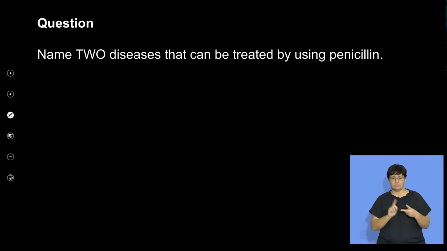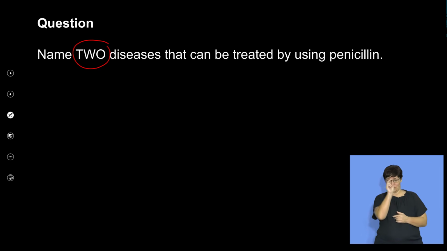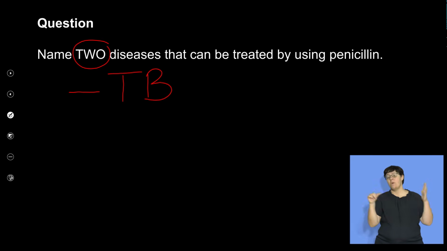Name 2 diseases that can be treated by using penicillin. So guys, we are looking, all right, for any 2 bacterial diseases. Now let's go back to the bacterial diseases that we looked at when we looked at our diseases in the previous one. The first one, most important that we looked at, TB. Now the other one that we looked at was cholera.